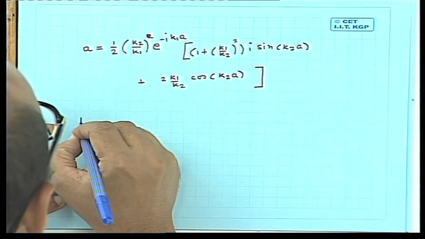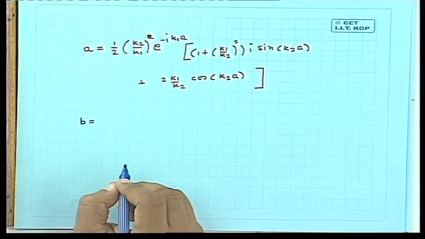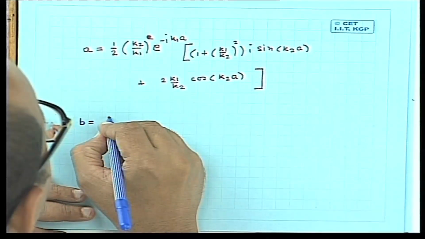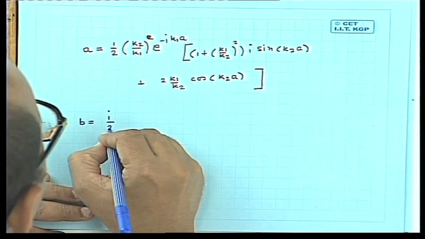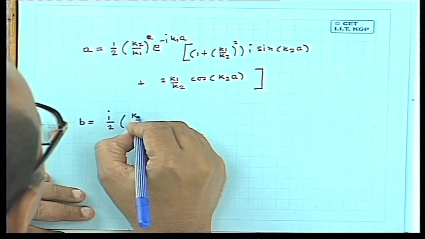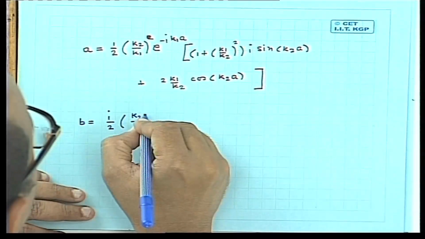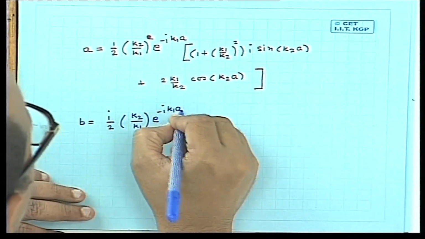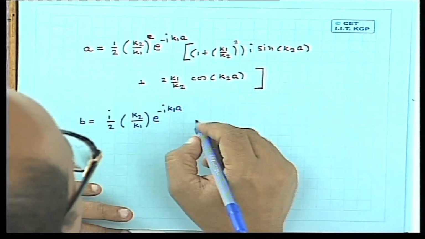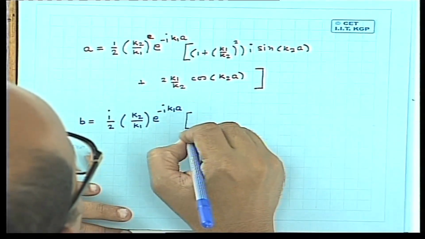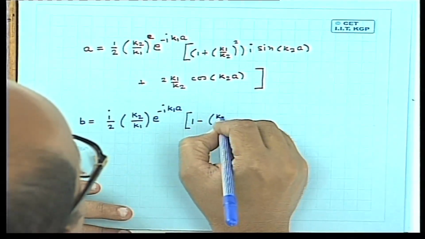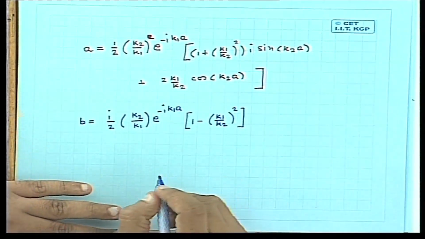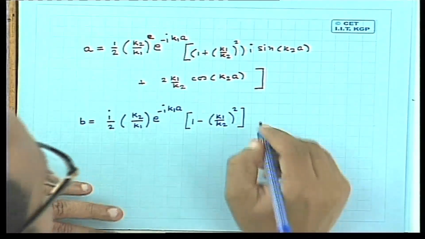So B is equal to k2 by k1, i by 2, e to the power minus i k1 a, into (1 minus k1 by k2) squared into sine k2 a.